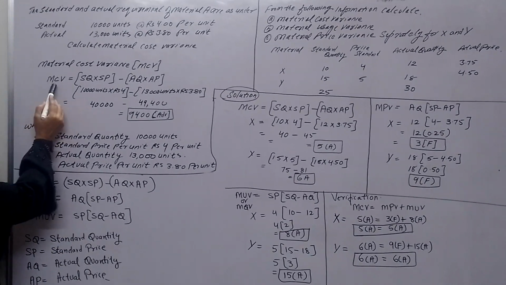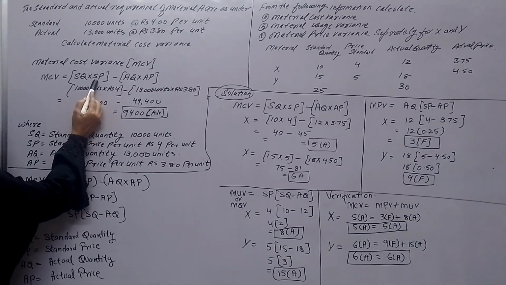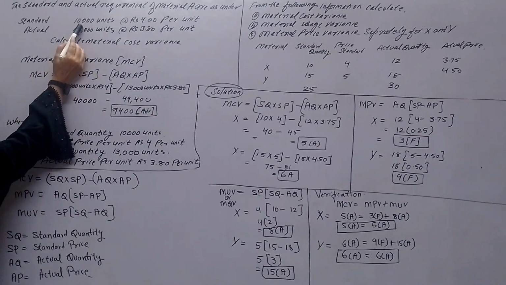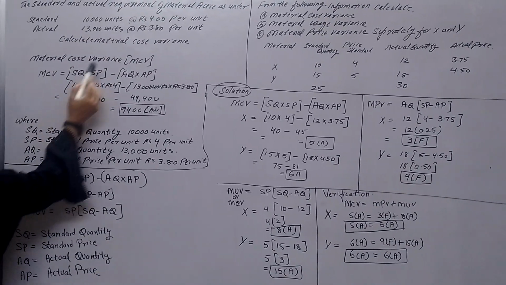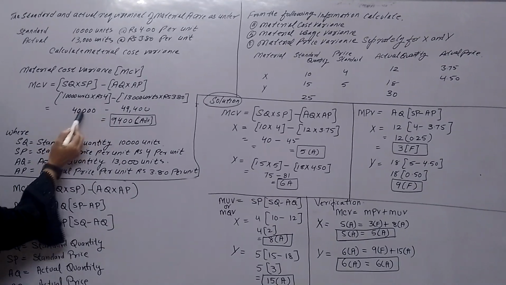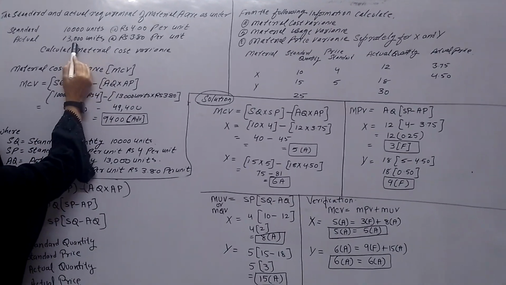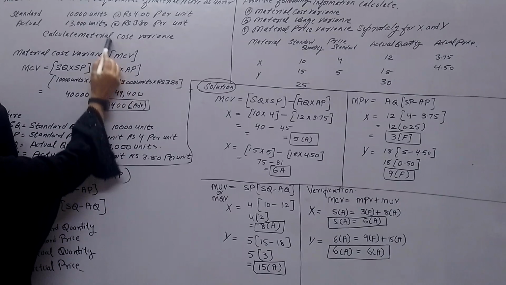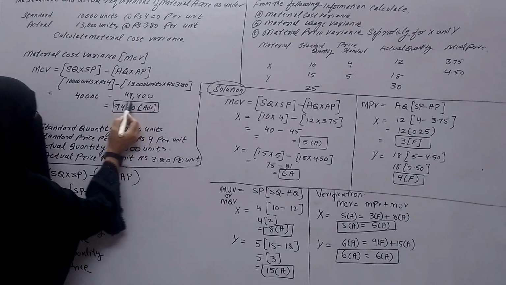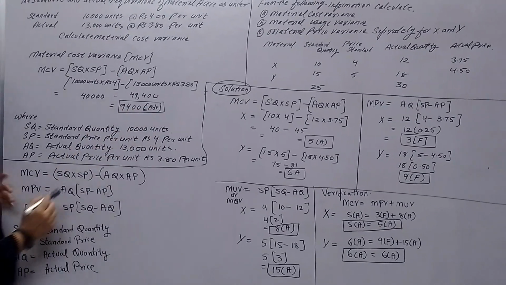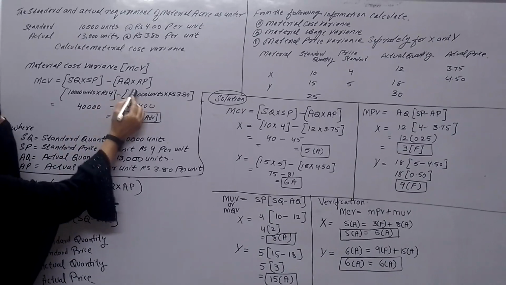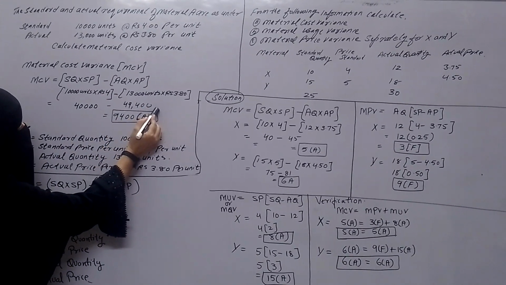Standard quantity 10,000 and standard price 4: 10,000 into 4 is 40,000. Actual quantity 13,000 and actual price 3.8: 13,000 into 3.8 is 49,400. The standard cost is 40,000 and the actual cost is 49,400.